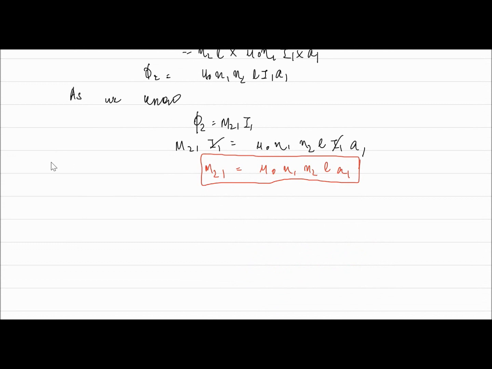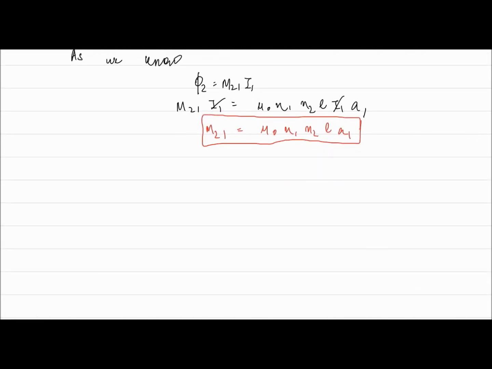Also, we'll take another case. We'll suppose that current I2 is flowing in coil 2. In a similar way, the magnetic field in coil 2 is B2 equals mu naught N2 I2. So we'll get the flux generated due to coil 2 in coil 1 as B2 A1.